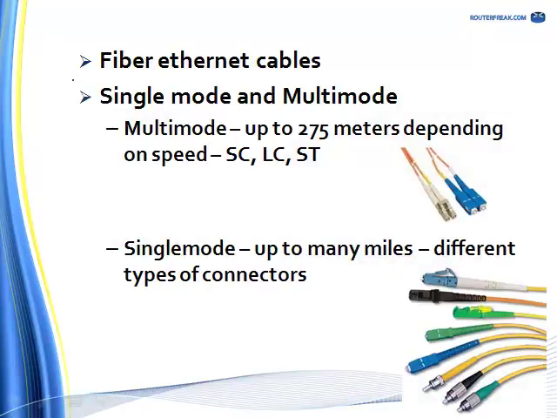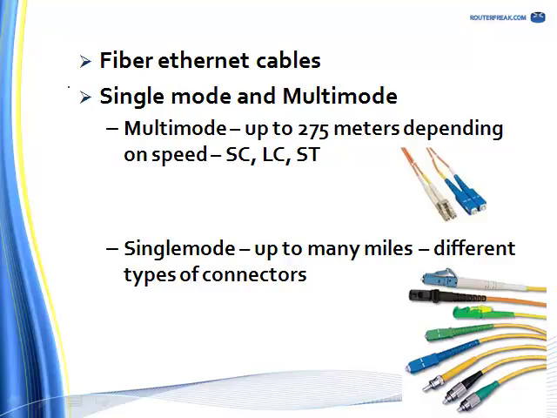Fiber. So now when we get into fiber optic cables we're starting to get into a completely different technology where we're talking about light. And we're talking about characteristics of light.